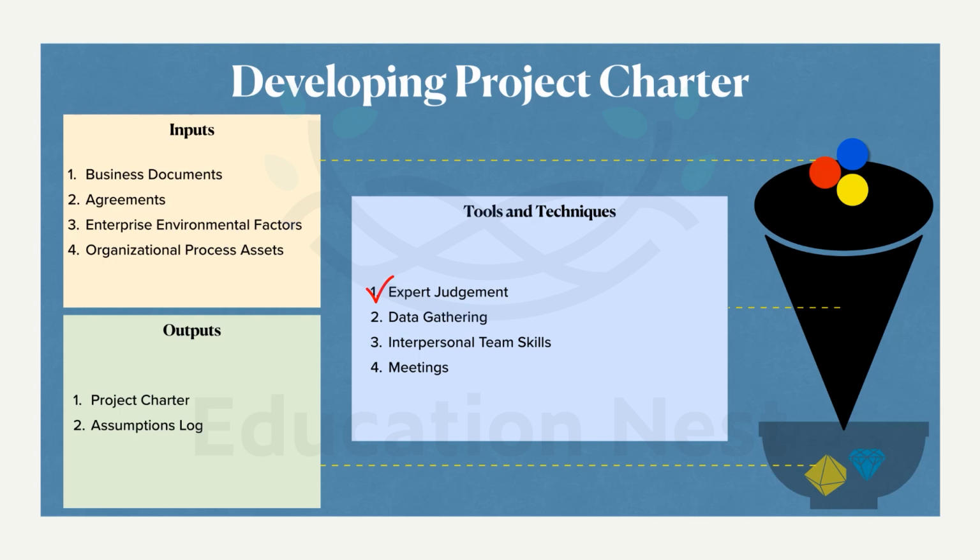We are talking about developing a project charter. So in this case, for this process, the expert judgment has to be taken for the business case, and for the assumed benefits and the time plan. Usually what happens is an industry expert is consulted to verify whether the documents gathered as inputs are legit.